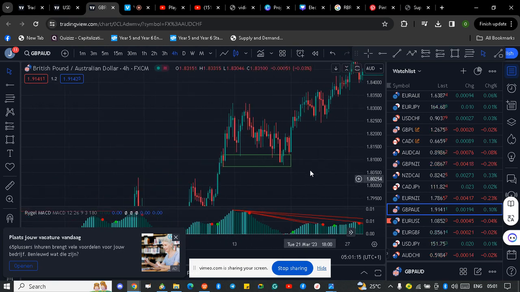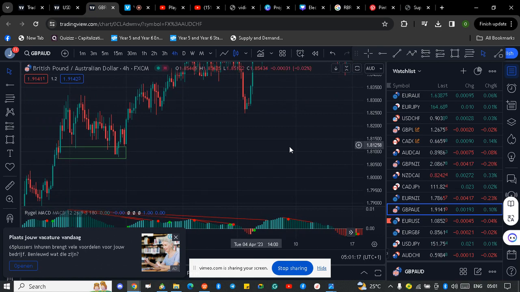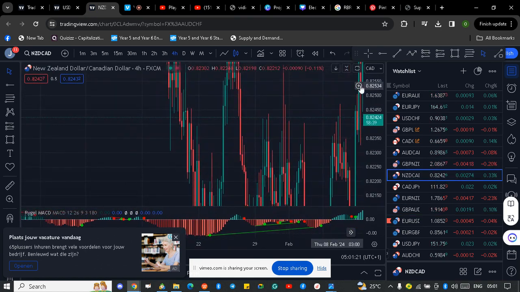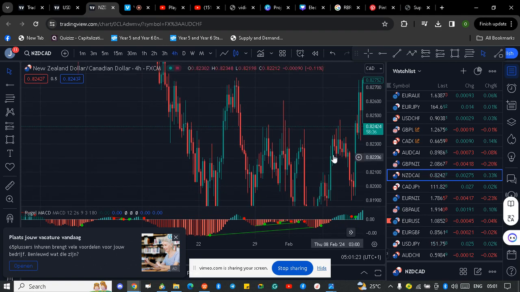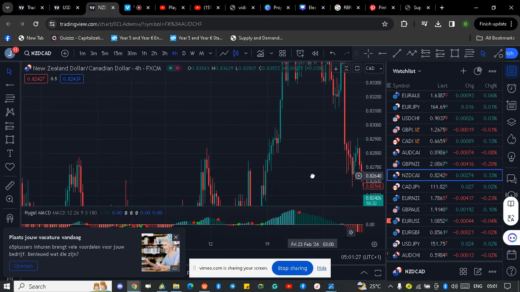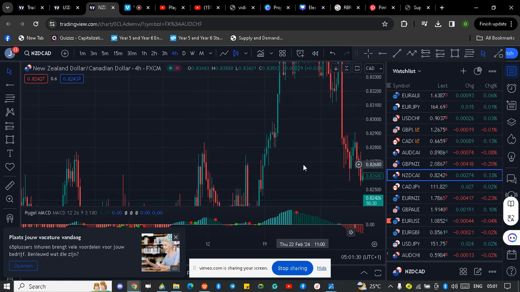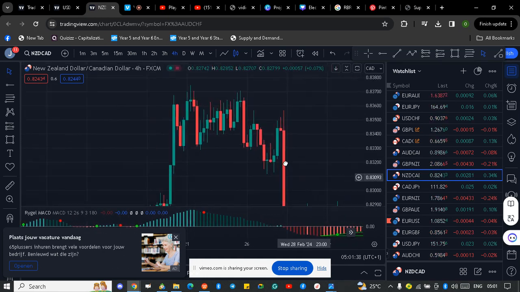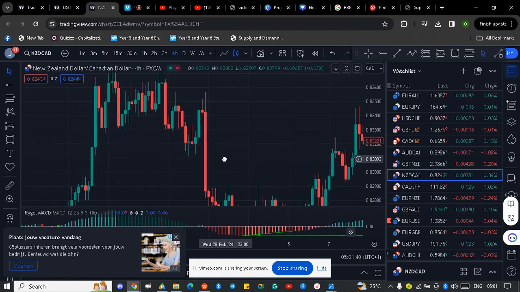Then for flip zones, I said for you to be able to effectively mark flip zones, look for the eyes. Remember, the same rule that applies to flip zones also applies to demand and supply. Keep them on your monthly, keep them on your weekly, keep them on your daily, and the farthest you can go is your monthly.